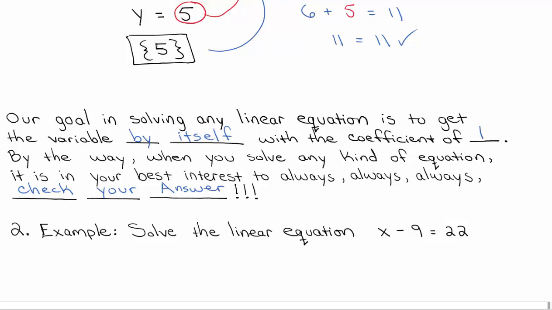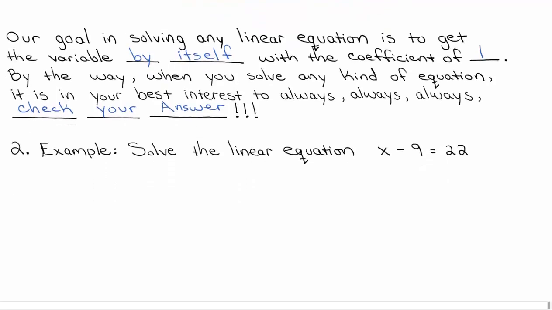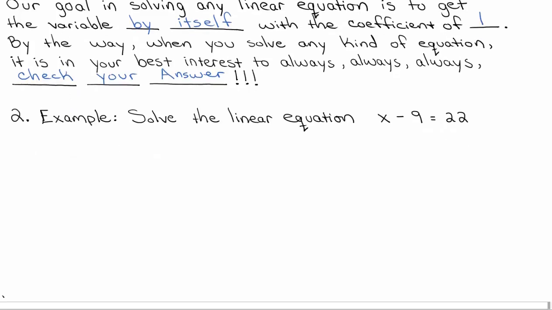Okay, let's go ahead and do an example. Solve the linear equation x minus 9 equals 22. Let me rewrite this equation right here. In order to isolate the x, or get the x by itself, I need to undo what's being done to it.